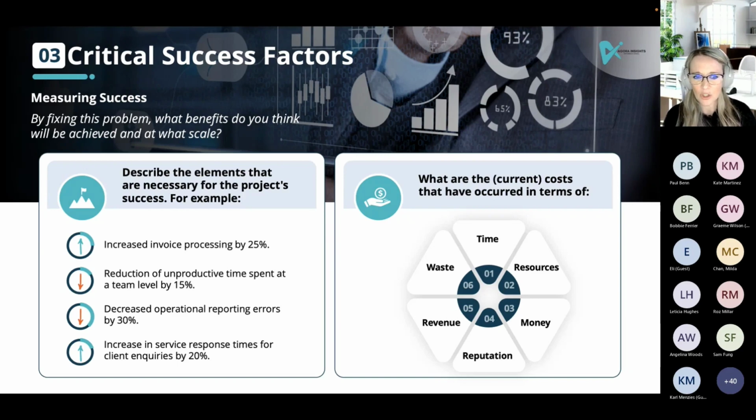Look at ways in which you would measure a project, or at least a critical outcome of a project. Also think of costs in terms of waste, revenue, reputation, money. One of the senior guys I worked with many years ago said there are only 2 things that matter to senior management: revenue and reputation.